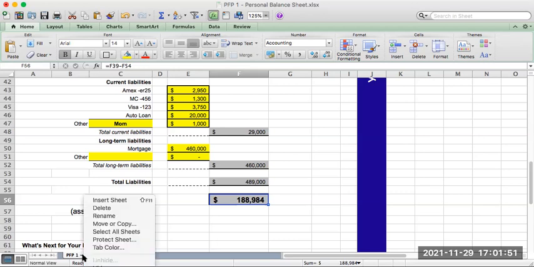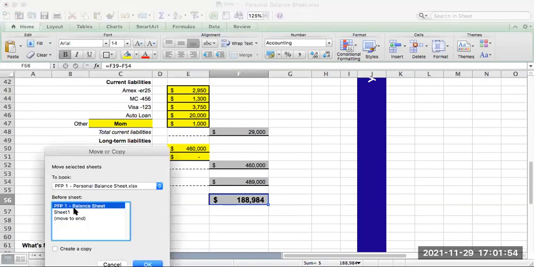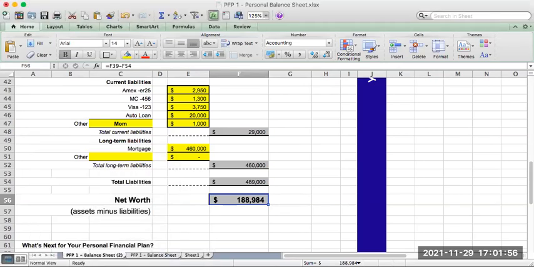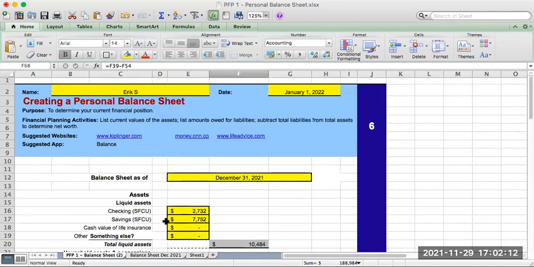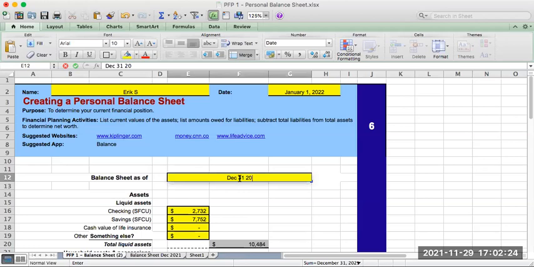So then what I'm going to do is create a copy of this, and name it balance sheet December 2021. And I'm just going to leave that there. Next time I do this, maybe next quarter in March or in June, if you only want to do it twice a year, or maybe I'm only going to do it once a year, I'll change this to December 31st, 2022.